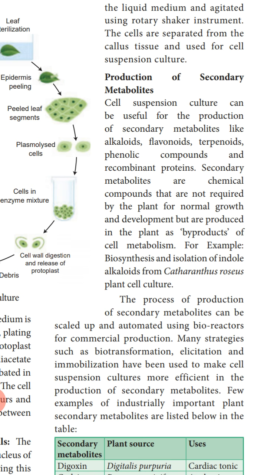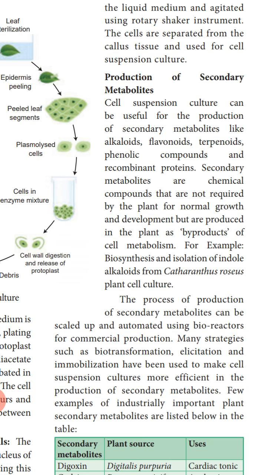Many strategies such as biotransformation, elicitation, and immobilization have been used to make cell suspension culture more efficient in the production of secondary metabolites. These are the various techniques by which more efficient secondary metabolites can be obtained.